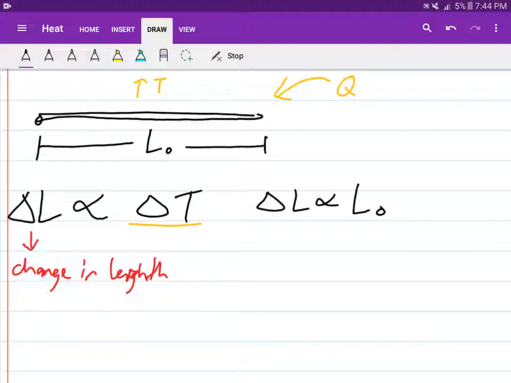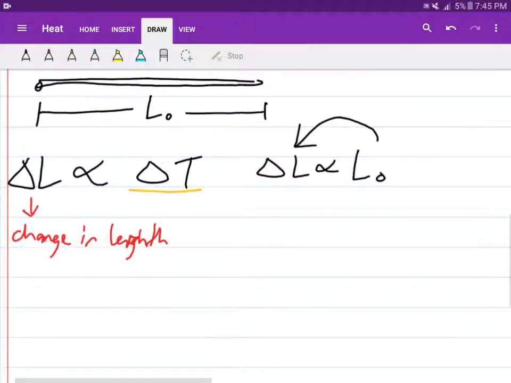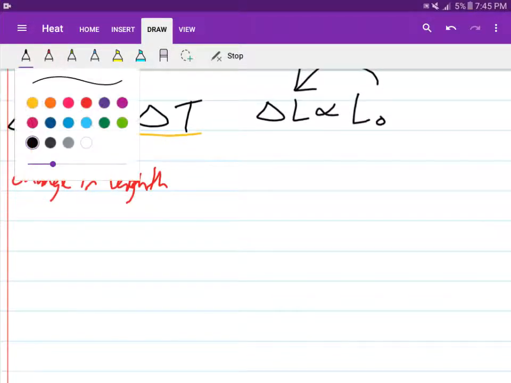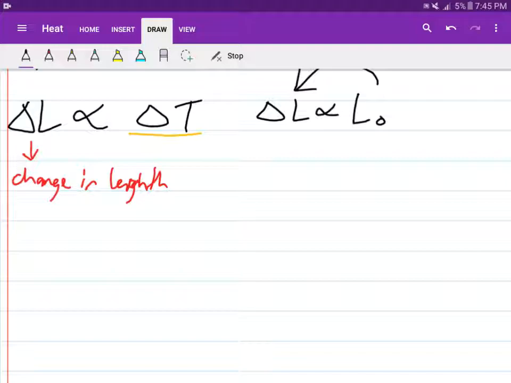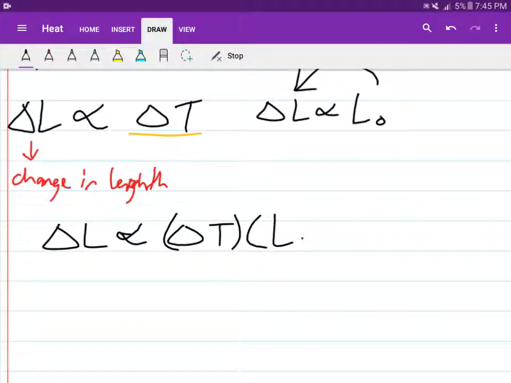So if you have a longer length, of course the change in length should be longer. So combining these two proportionalities that we observe, the change in length should be proportional to the change in temperature times the initial length.